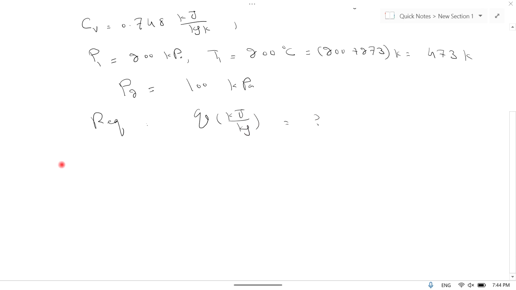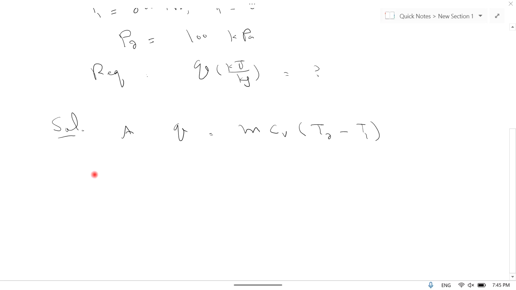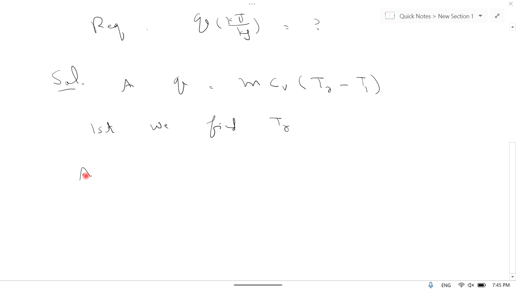So here we start the solution. As we know, heat transfer for a constant volume process is equal to m Cv (T2 minus T1), but in this formula T2 is unknown, so first we find T2. We assume that the mixture of gases is ideal.